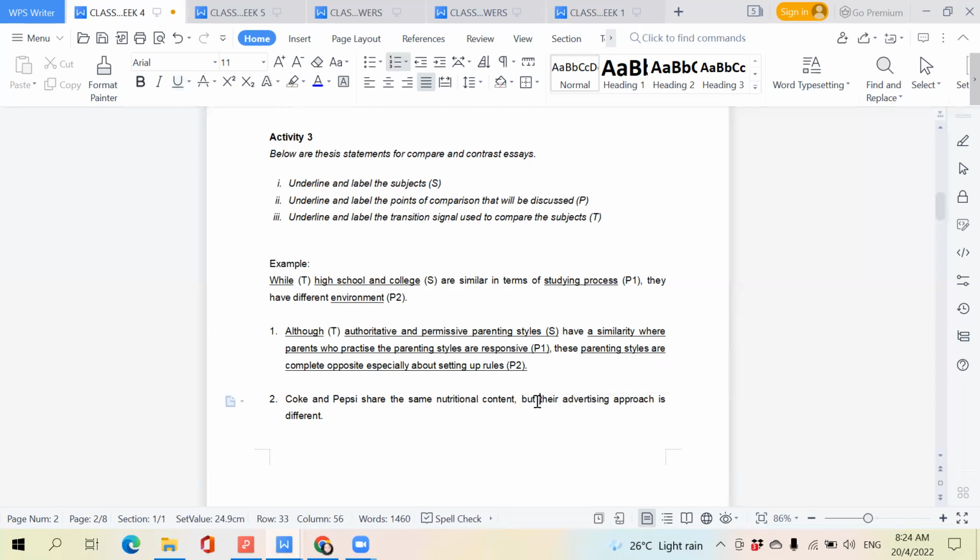And this is a transition signal. So it doesn't always have to be at the beginning of your sentence, but it also can be in the middle part of your sentence as well. Depends on how you want to write your thesis statement. So there's no rigid way to do this. It's up to you. Okay, so this is your transition signal.